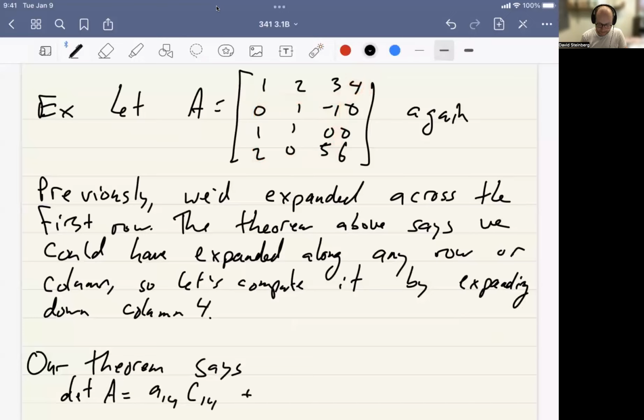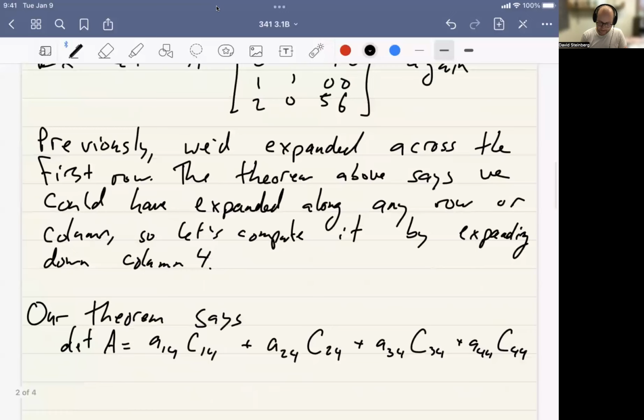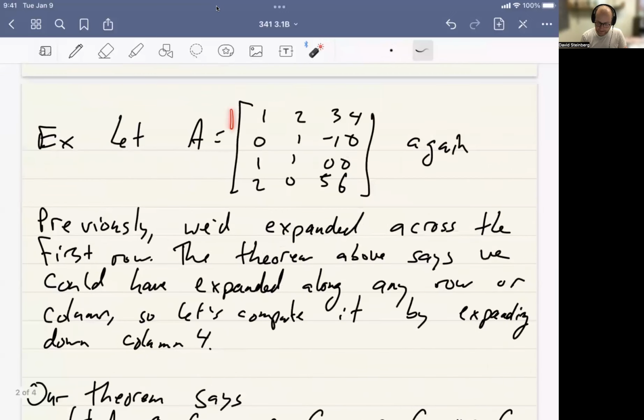Then plus A24 C24, plus A34 C34, plus A44 C44. And the nice thing is that A24 is exactly this term, A34 is this term, and those are both 0.